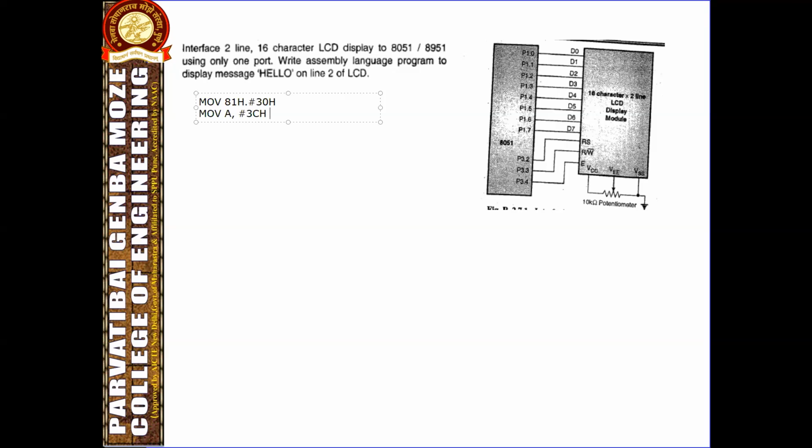We have to display the message at the second line of the LCD, so we move #3CH into our accumulator to set this. Then I am going to call the command.